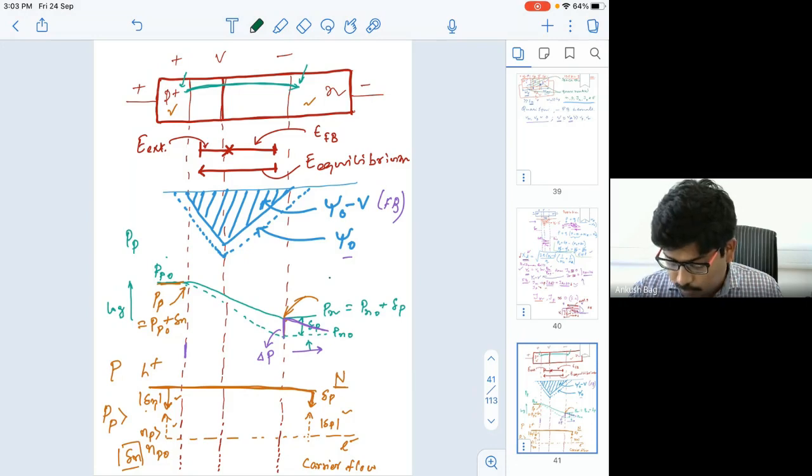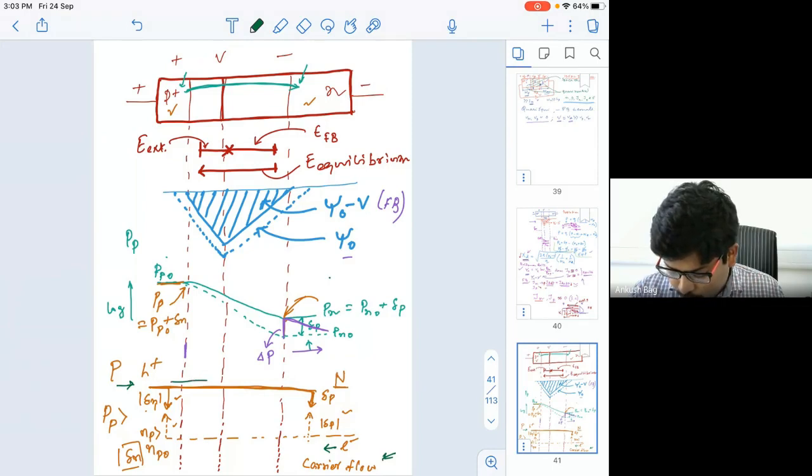So that Boltzmann relationship we derived in last class, as well as we have seen this carrier flow diagram. So under forward bias, how the different carriers, that means holes from the p side are injected, and then electrons from the n side are injected, and for these injected holes from the p side there are two components.